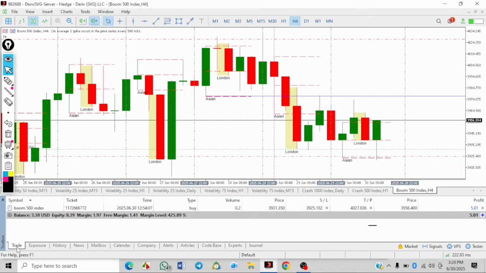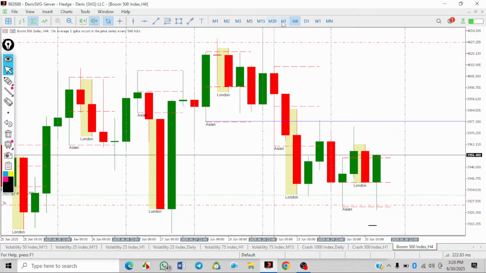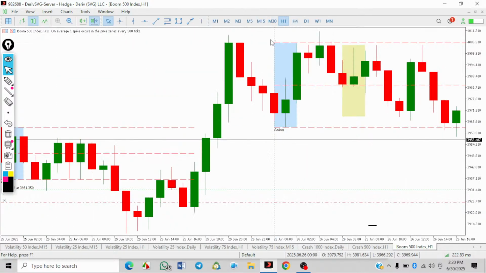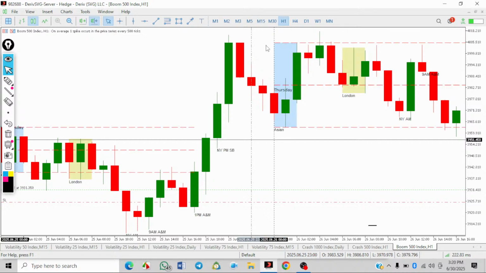My balance is 3.38, now 8.39. So trading CRT is very, very important. You just need to understand your draw on liquidity. It is very, very important when it comes to what trading CRT can do.